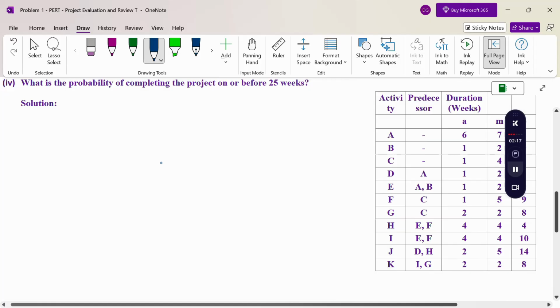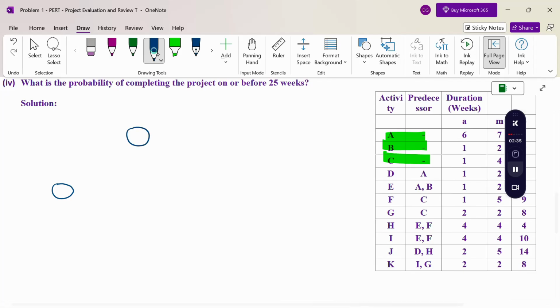Initially consider A, B, C. These three are given initially: here A, then B, and then C.